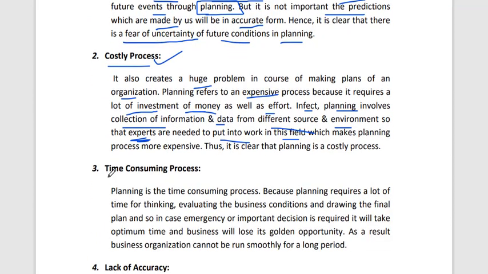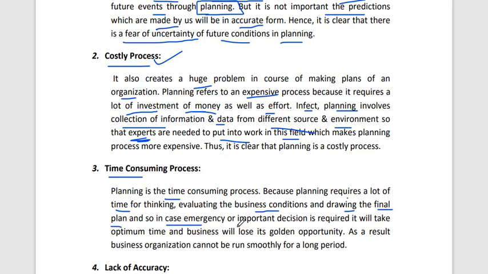Then, time consuming process. Planning is time consuming because it requires lots of time for thinking. We will require 2 or 3 different plans, and from those we have to make one final plan to implement. Evaluating the business condition and drawing the final plan takes most of the time.